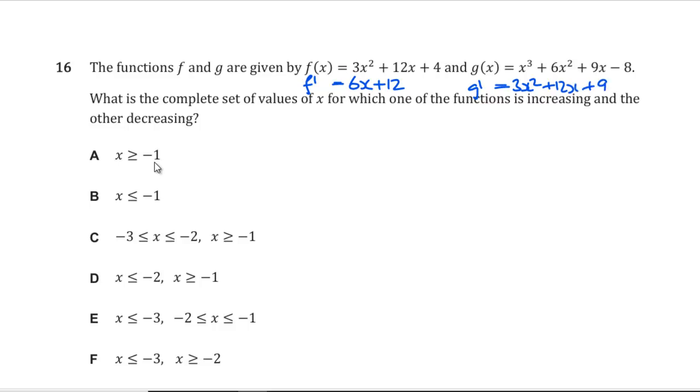Okay, so we want one of them increasing and the other decreasing. So let's look at this one first. So f is increasing when we want this thing to be positive, so x is greater than or equal to -2, and it's going to be decreasing if x is less than -2.